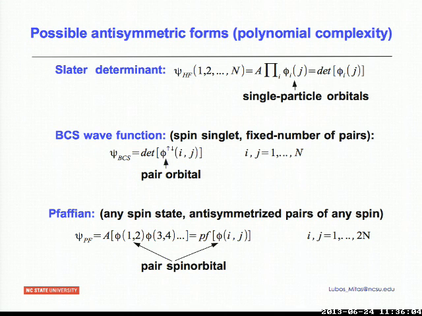Basically, what this is going into is beyond Slater determinants. I mentioned the BCS wavefunction, and a generalization of that is the Pfaffian. In the BCS, you have a determinant of a pairing orbital, and in the Pfaffian you can have any spin state, any anti-symmetrized pairs, where these are spin orbitals.